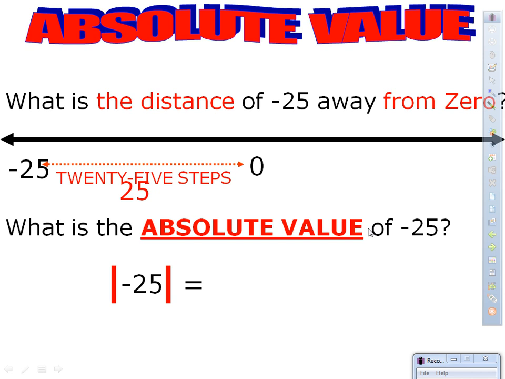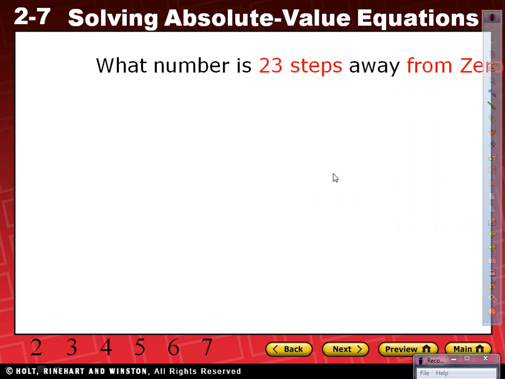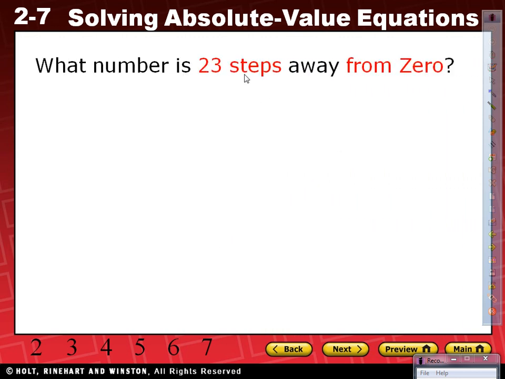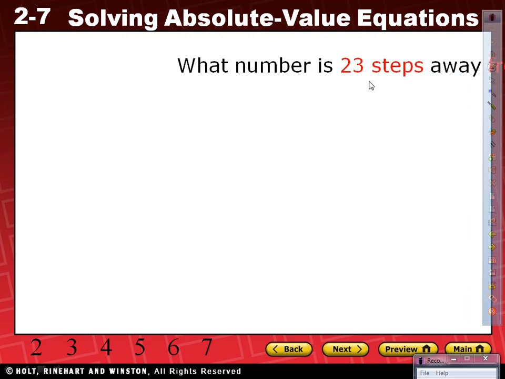Now look at this one. This next one is a little bit different. The question is, what number is 23 steps away from 0? The difference from the previous one is that there they asked for the distance, and in this one they already gave us the distance.